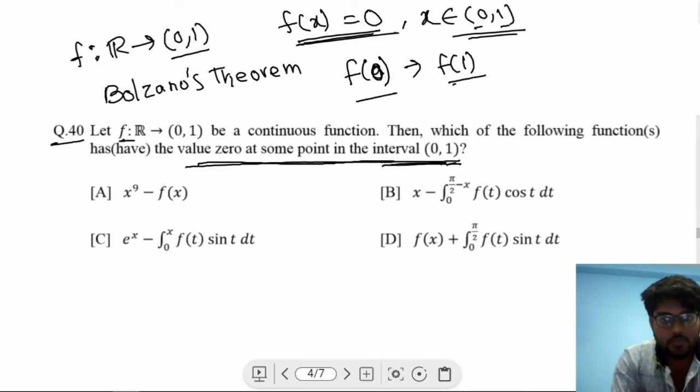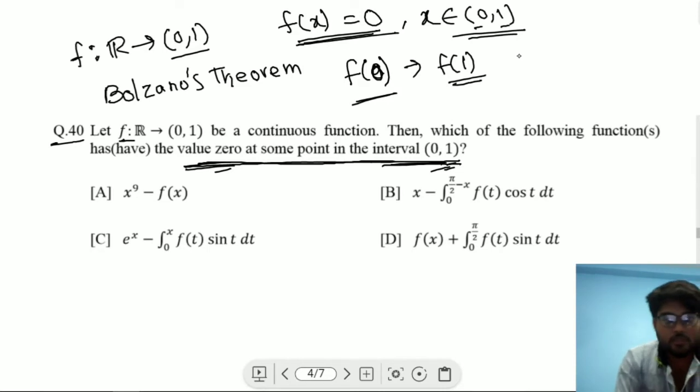If the sign is changed, then we can say that there is a root. So if there is a root, there must exist some point in the interval (0, 1) at which the value will be 0, that is, there will be a root, correct?